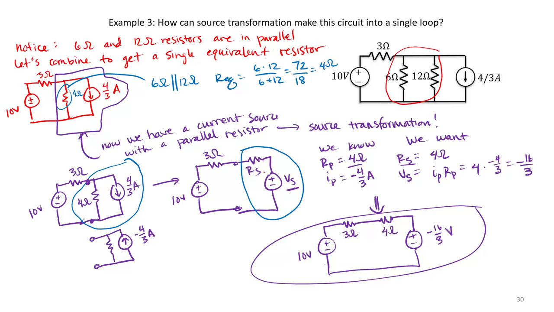Notice I drew my voltage source with the positive terminal oriented on top, so I did need to consider my current source in that same desired orientation in order to maintain polarity. I could alternatively have written this as 16/3 volts, but with the voltage source inverted.